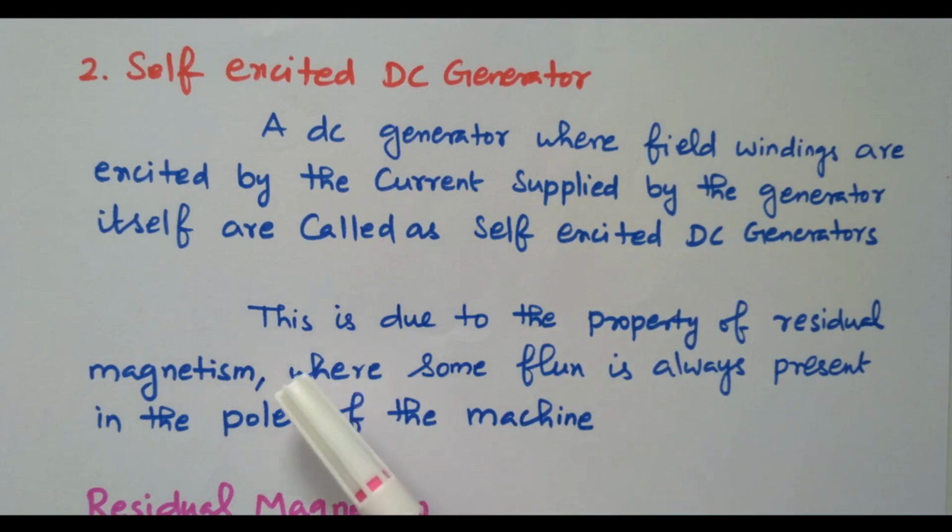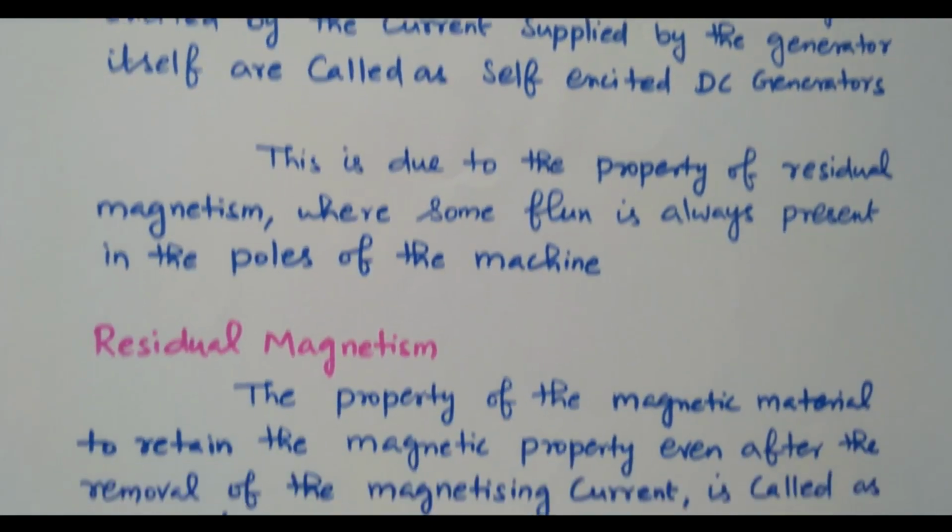How is it possible? This is due to the property of residual magnetism. What is residual magnetism? Some flux is always present in the pole of the machine, even after the removal of the supply. Some of the flux will always be available in the winding, that is called residual magnetism. Now we will see the residual magnetism in detail.